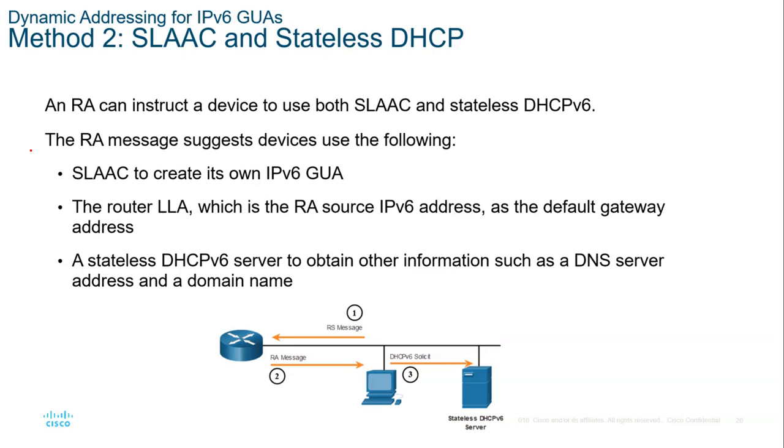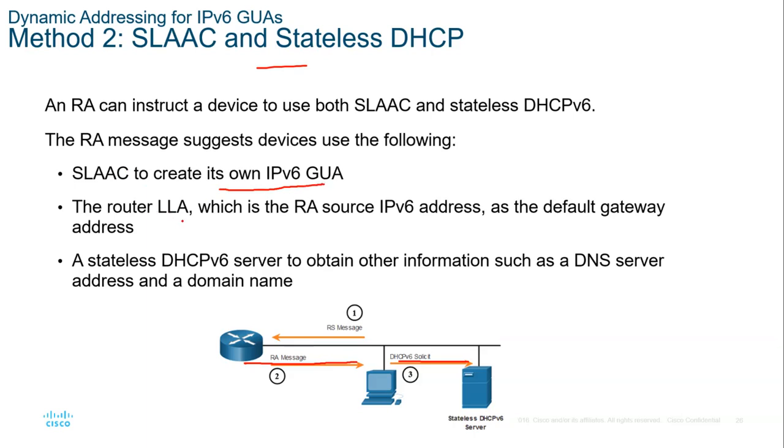So method 2, where we have SLAAC and stateless DHCP: some information is generated from the router, and the other information from the stateless DHCPv6 server. The RA message suggests the device use SLAAC to create its own IPv6 global unicast address.